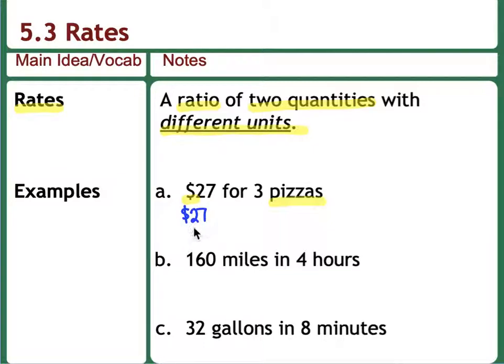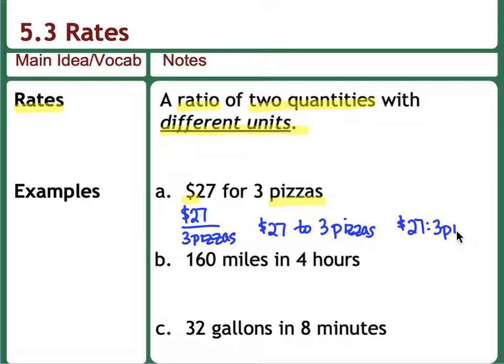So we could write $27 to 3 pizzas as a fraction notation, using the word to, or we can use colon notation as well. And again, we can use the phrase for every as another way to describe this. So you could say for every $27 you get 3 pizzas.